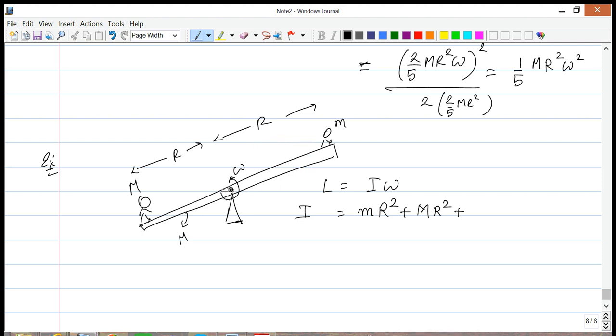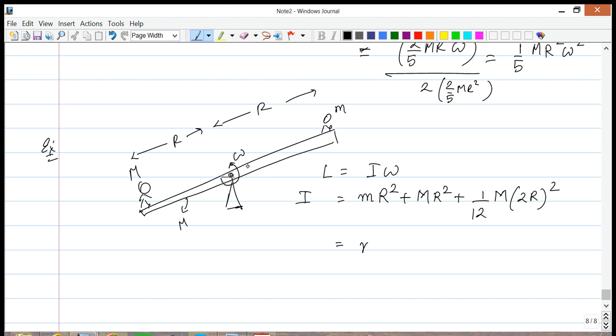And now we have to get the moment of inertia for the rod also, and what we know is that the moment of inertia for a rod about its center of mass is 1/12 m times L square, so it will be 1/12 m times 2r the whole square. Okay, so if you do this correctly, this is 1/3 m r square.